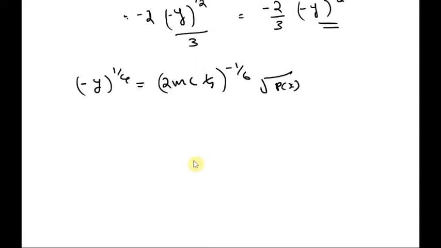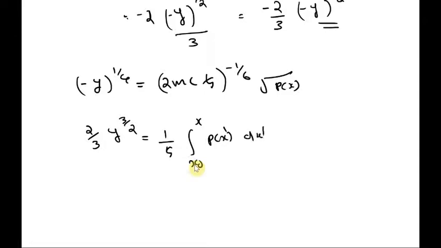Okay, and another term which is present in the equation is y power 3 by 2, which is nothing but 1 by h cross integral x naught to x p of x prime dx prime, and of course all the same like that.